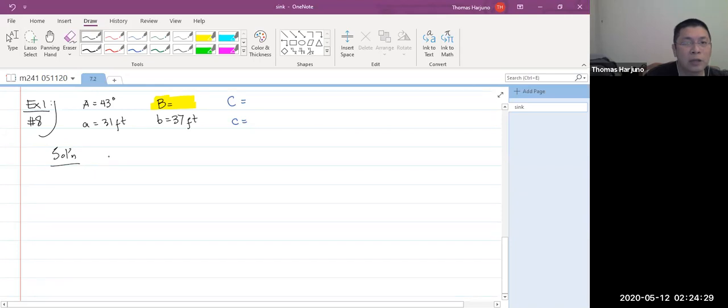Using the law of sines, sine A over a equals sine B over b. Sine 43 degrees over 31 equals sine B over 37.